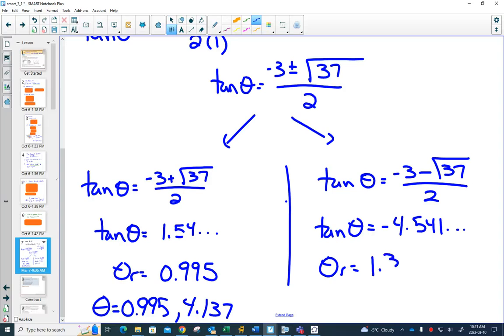And this time I get a reference angle of 1.354. Tan is negative in quadrants 2 and 4. So I go pi minus my reference angle in quadrant 2, and 2 pi minus my reference angle in quadrant 4.